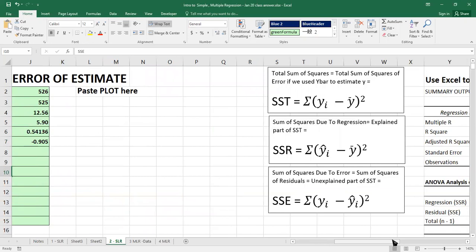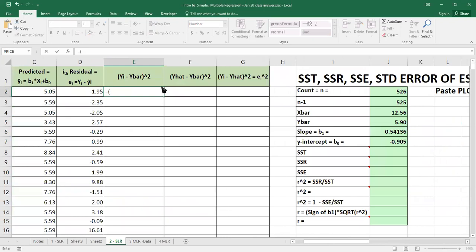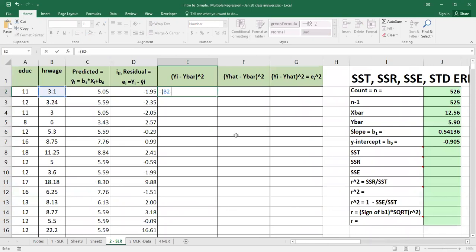Kasi pag mina-minus natin sa mean, ibig sabihin, guys, hindi natin ginagamit si x, si independent variable, in order to predict y. Ang ginamit lang natin si average. So this will be equal to yung actual y natin minus the average y. Okay. Fix natin to and then square natin.